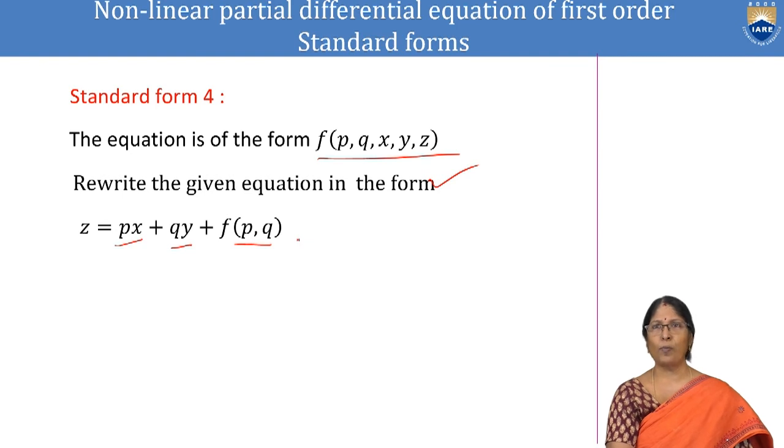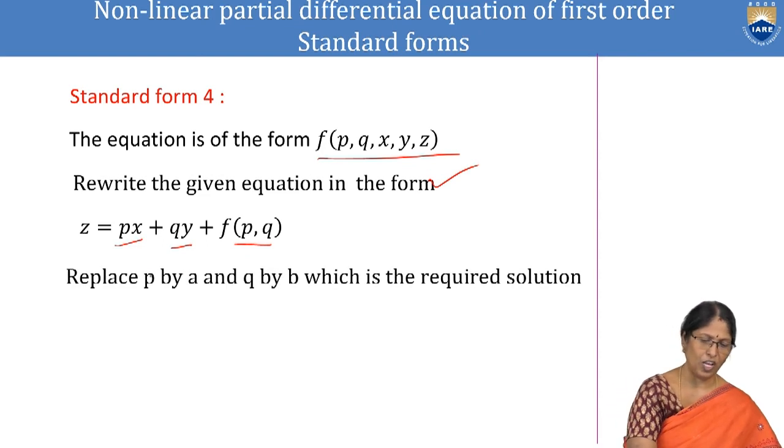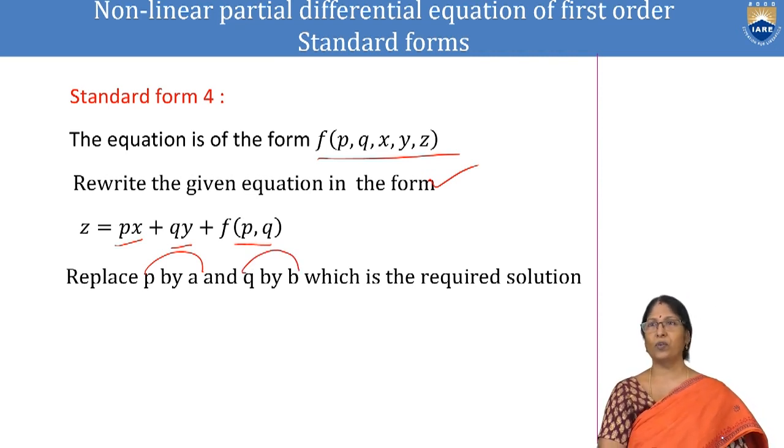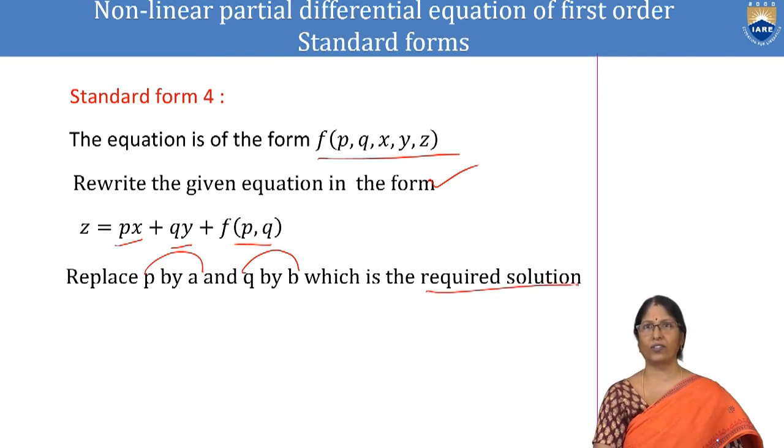This is the formation of the given equation. First it should be rewritten, and finally p is replaced by a, q should be replaced by b. After replacing, what we get is our required solution.